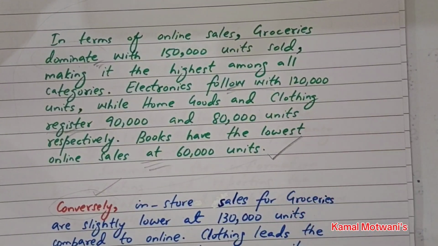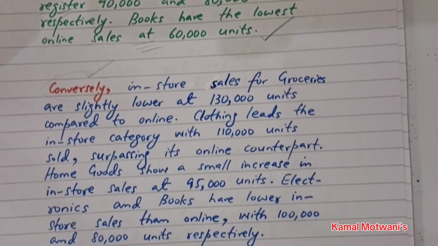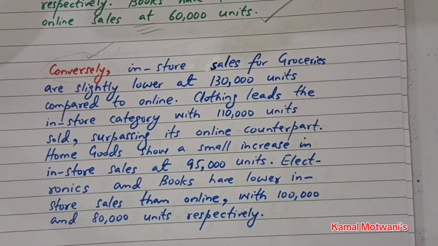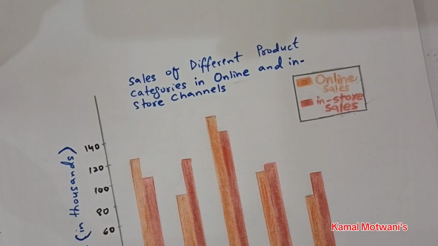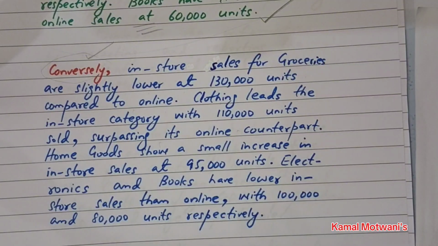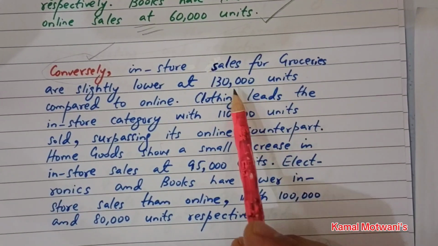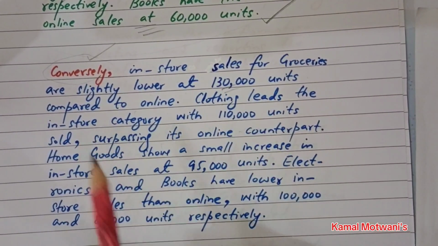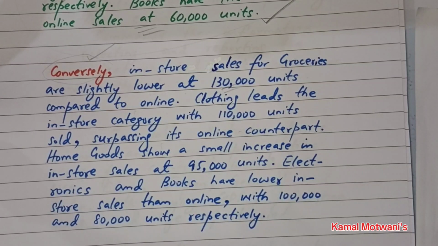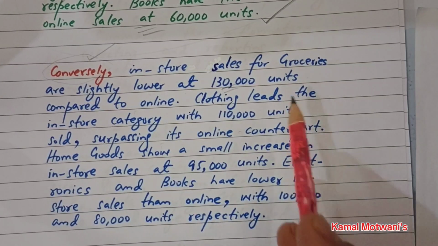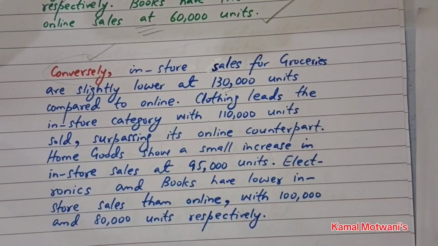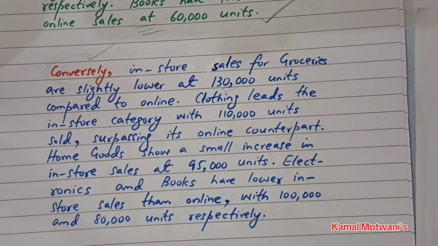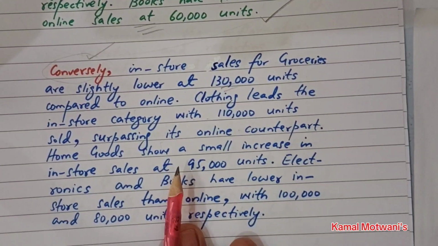But when it comes to the last paragraph, in-store sales, I have used a slight variation. I have narrated the sales figures of each category, but I have compared them with the online categories. So you can also use this method the way I have used.